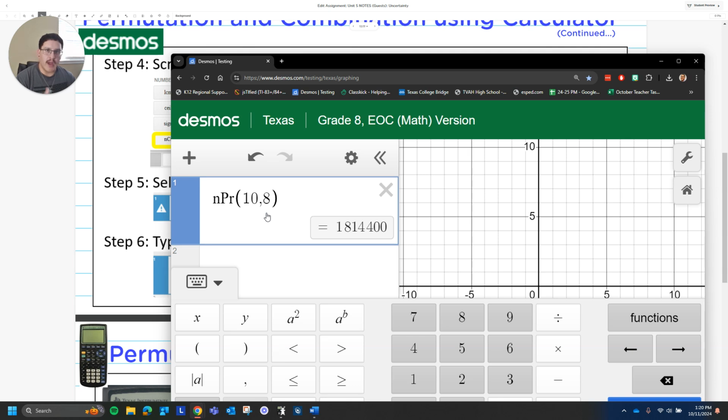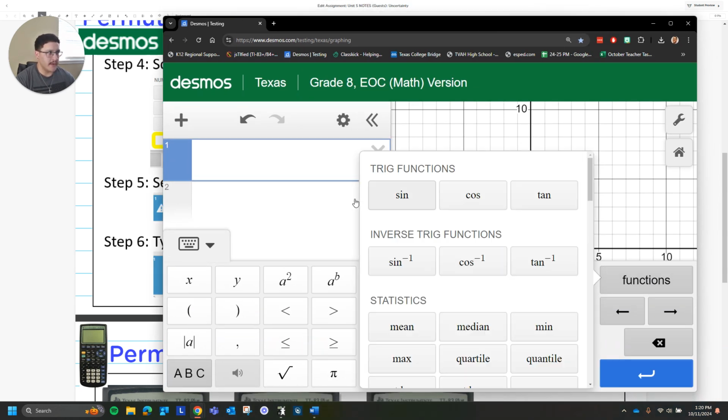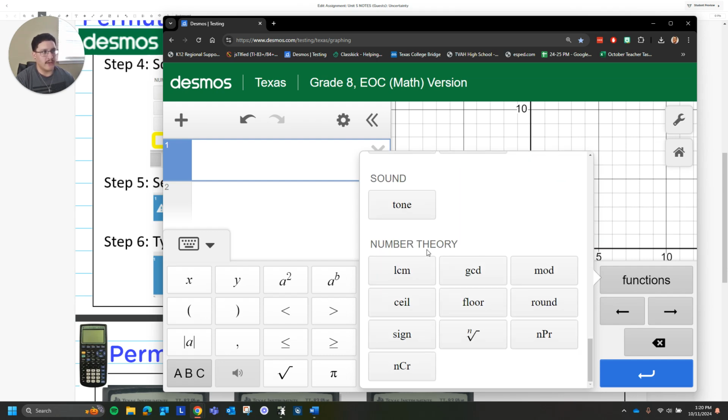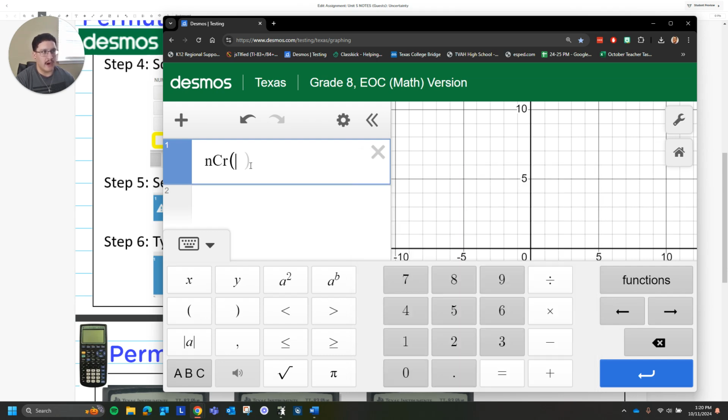Again, permutation is when order matters. So notice how we have 1,814,400 different ways of ordering these things if order matters. You can go through the same thing with combinations by clicking on functions, scrolling all the way down to number theory, and then going to nCr. N is still your pool of numbers you're choosing from, and R is what you are choosing.